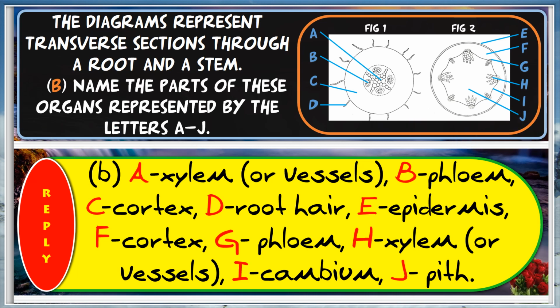C is a cortex. D is a root hair. E, it's the epidermis. F is a cortex. G is the phloem. H is a xylem or vessels. I is a cambium. And J is a pith.